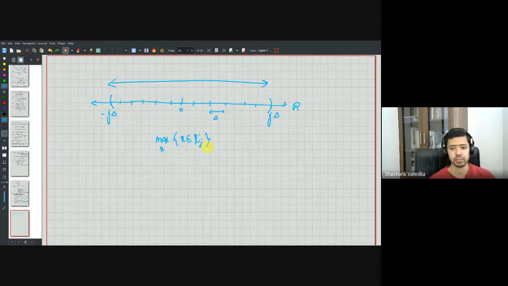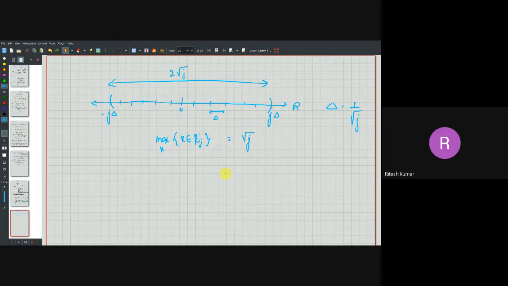So what is the actual range, or what is the maximum peak value going to be? I choose delta to be 1 over square root of j. So this range is basically going to be 2 root j, or the maximum value is going to be square root of j.